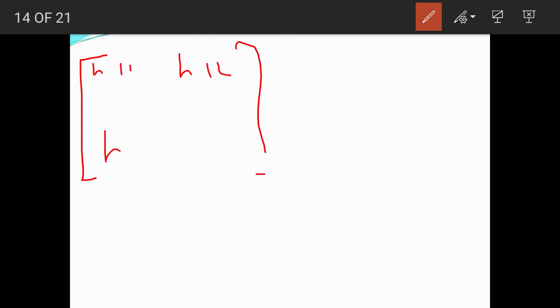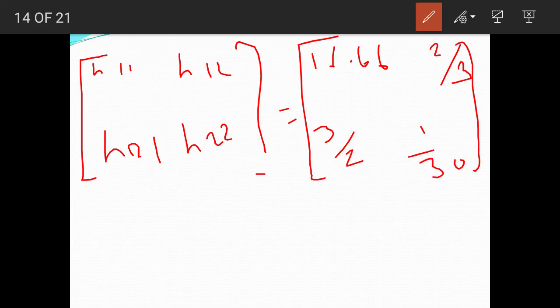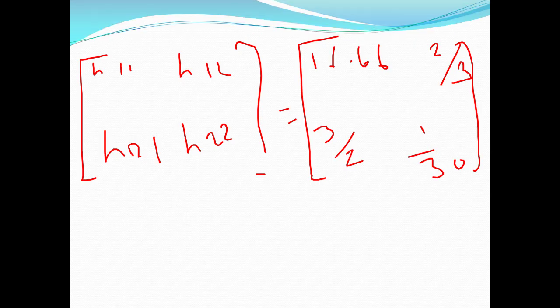So the matrix becomes H11, H12, H21 and H22 is equal to 16.66, 2 upon 3, 3 upon 2 and I2 upon V2 is 1 upon 30. Using these values we can find the Z parameters.